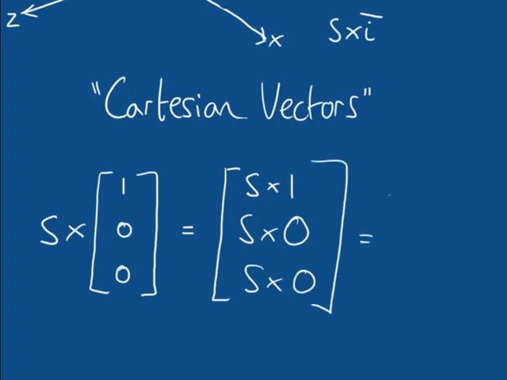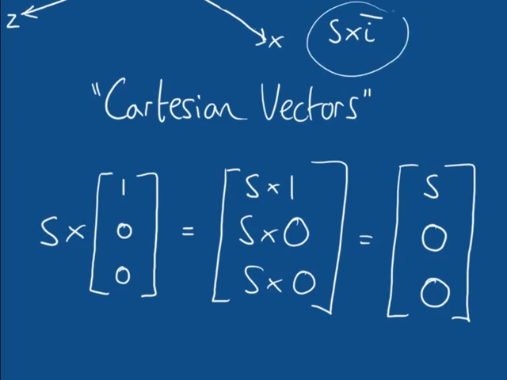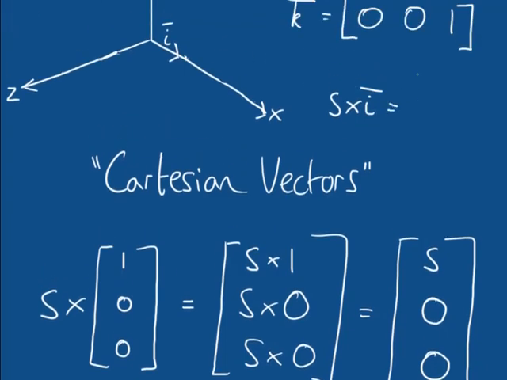Hopefully we can see that s times 1 is just s, s times 0 is 0, and s times 0 is 0. So if we take s times I, we're going to get a vector that has s as the x component, 0 as the y component, and 0 as the z component.